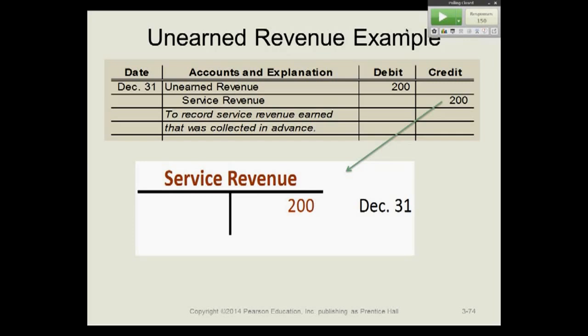You got too much of a liability if you provided the service. You got to bring that down and recognize the service that you provided is in fact now revenue earned. The entry debits the liability, credits revenue, and examples would be rent, magazine subscriptions, season tickets, anything that you collect in advance and you owe service to the individual or the third party.